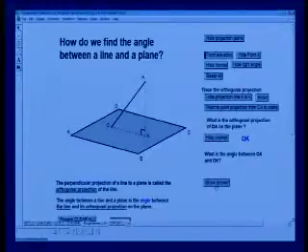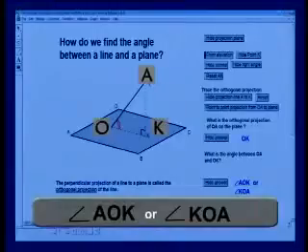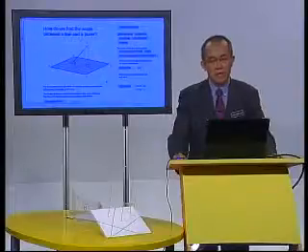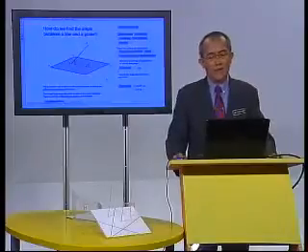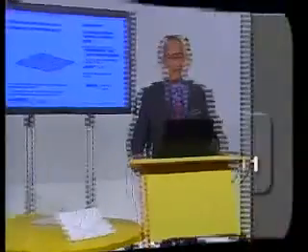Let me indicate the answer on the figure as well as show you the answer. The answer can be either angle AOK or angle KOA. This knowledge is very useful when you are going to solve problems in the examination as well as in your everyday life.